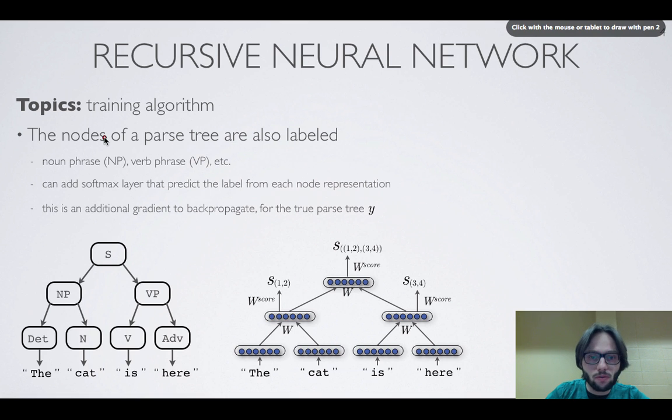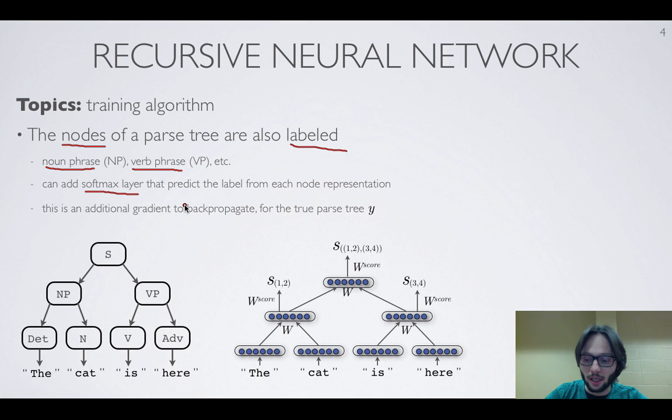Now, in a parse tree, often the nodes are also labeled. They're labeled with respect to whether they correspond to a noun phrase or verb phrase, and these labels are actually available in the training data. So one thing we could do is to also add, from each representation at every level, connections to a softmax layer, which would try to predict what that label is.